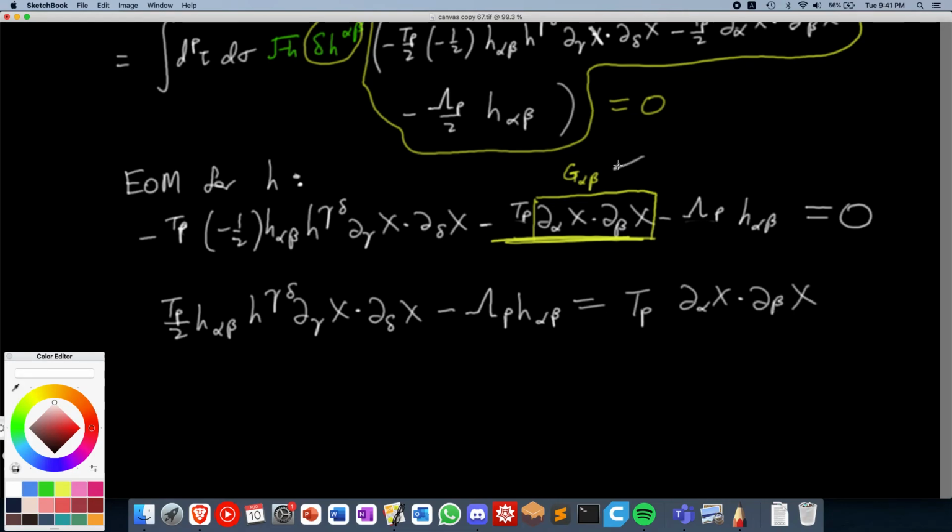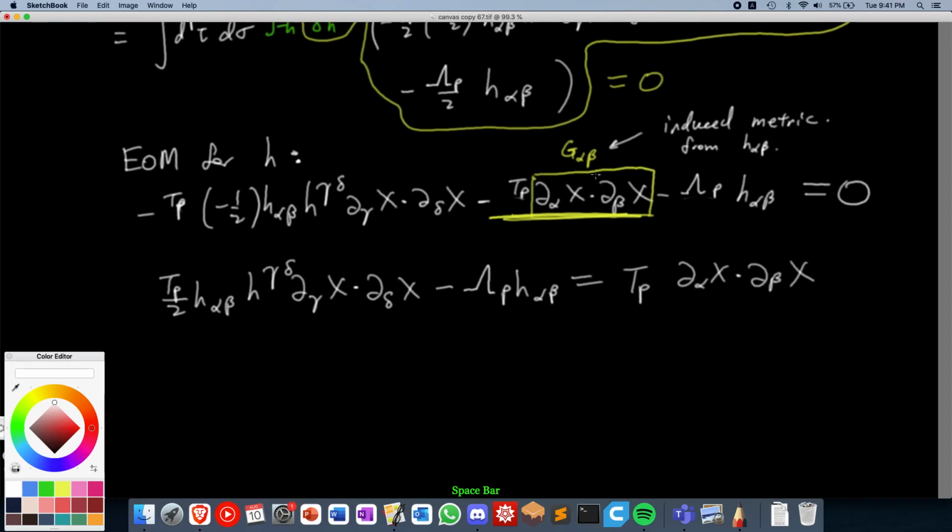Oh, sorry. This is not a background metric, this is the induced metric. The H is the background metric. This is the induced metric from H alpha beta. Yeah, that makes more sense because we're taking derivatives of this object, of the p-brane.